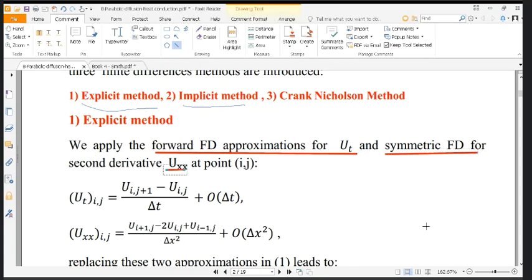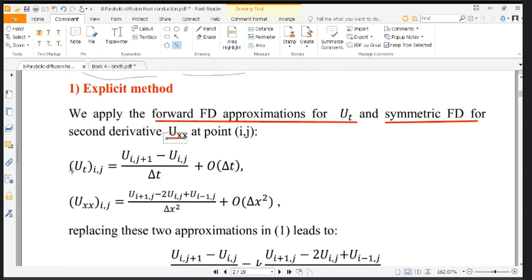Means I've approximated U_t at i and j by using U(i, j+1) minus U(i, j) over delta T plus O of delta T. Delta T is the order of truncation error.